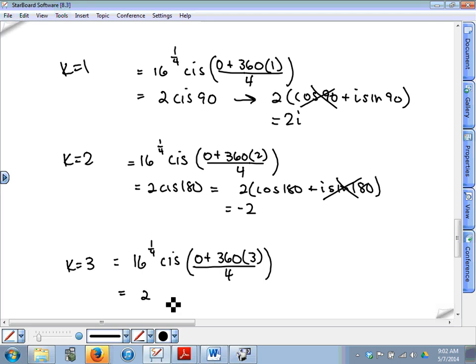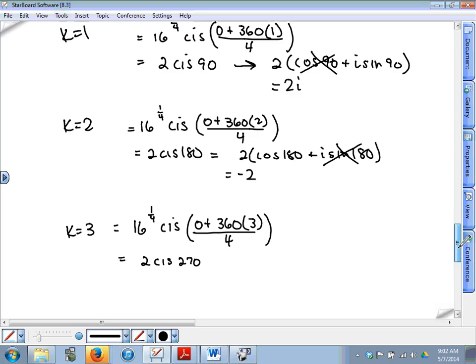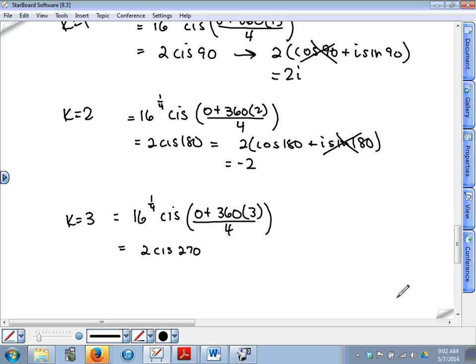So this turns out to be 2 CIS 270. And at the 270 mark on the unit circle, it's 0 comma negative 1. So this is 2 cosine 270 plus I sine 270. Cosine 270 disappears to 0. The sine of 270 is negative 1. Negative 1 times I is negative I. Negative I times 2 is negative 2I.